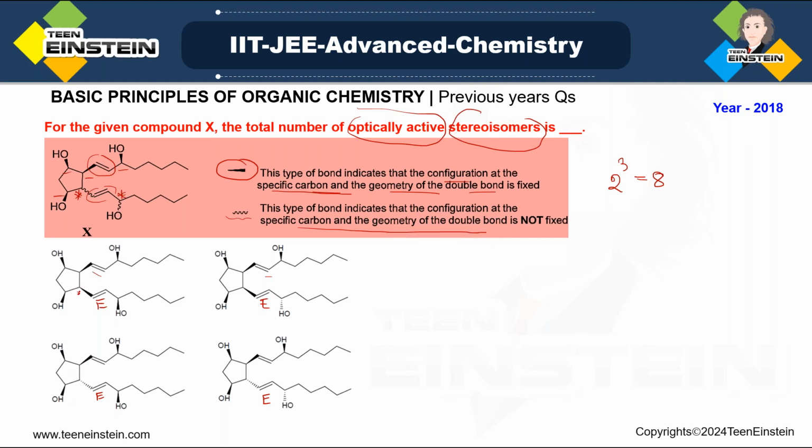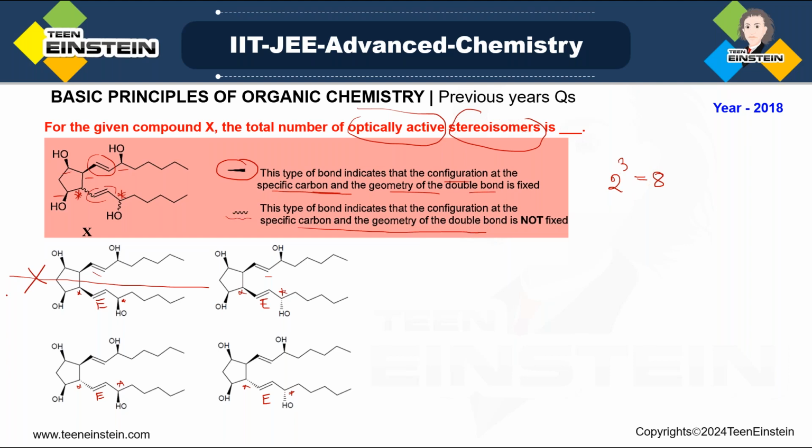See, this is above the plane, below the plane, above the plane, below, above, below. So these are the 4 possibilities. But is there any meso compound? Yes. If you cut this molecule along this line, both halves are mirror images of each other. That means both halves are equal, symmetrical. So these you have to reject.